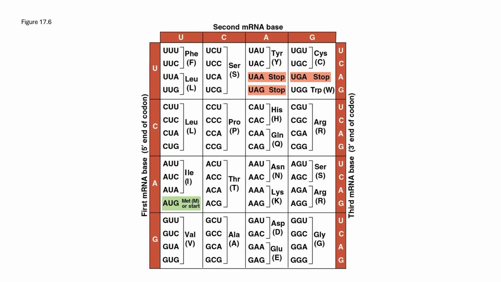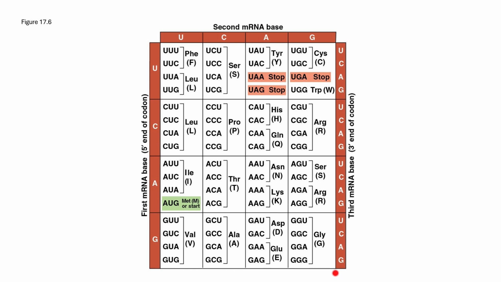This figure shows what the genetic code looks like and how we can use this to be able to figure out what our mRNA codon is and what amino acid it's coding for. So what we need to do here is we would find our first mRNA base on this side, our second mRNA base on this side, and we would use the final side to find our third base in the codon.